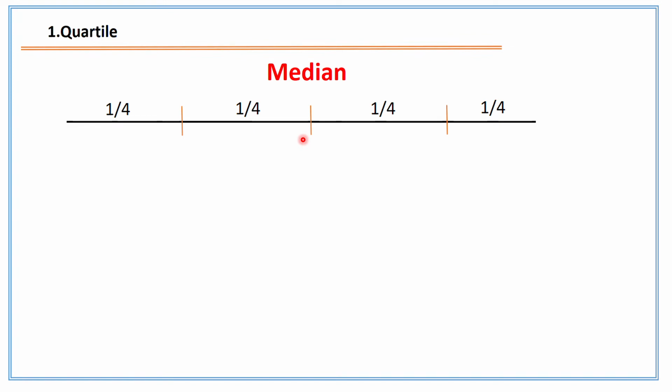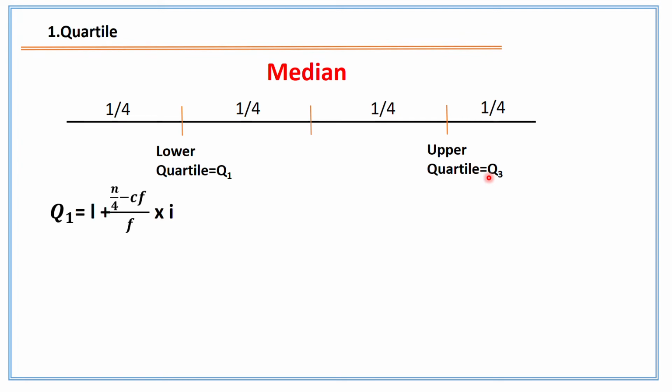The midline which is dividing this data into 2 parts is called median. The first one, which lies after 1 by 4th of this data, is the lower quartile, Q1. And the third one is called upper quartile, Q3.